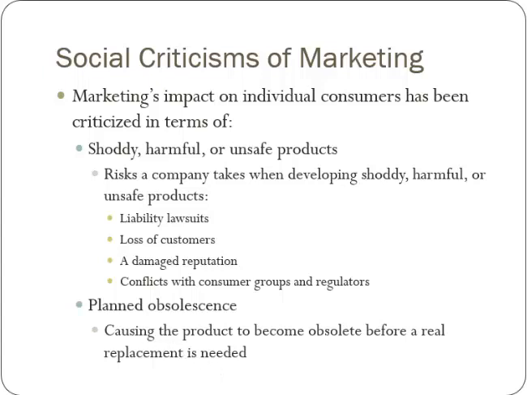There's also an ethically questionable activity called planned obsolescence, which is when you cause a product to become obsolete before a real replacement is needed. Now this, being an academic, I can tell you is done a lot when it comes to textbooks. There's a 2013 edition of algebra, and then the next year they come out with a 2014 edition of algebra.